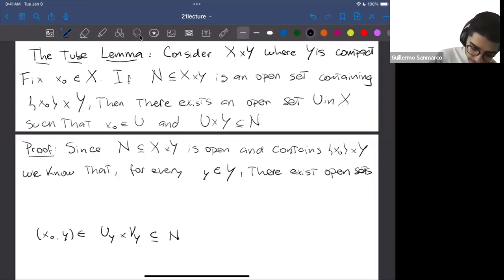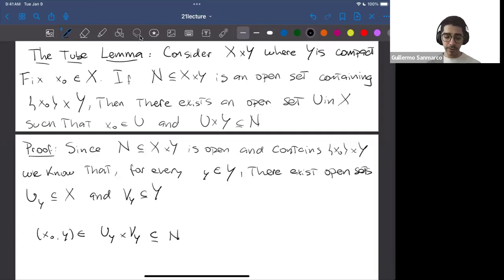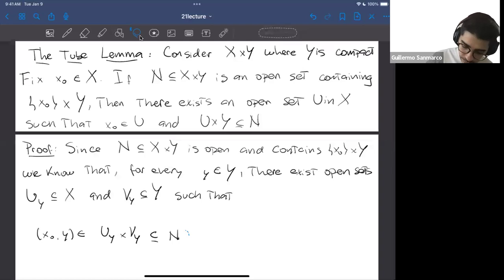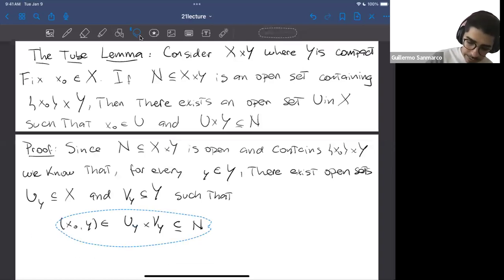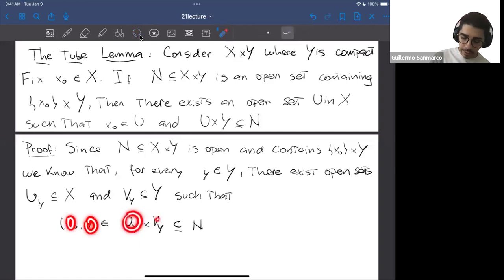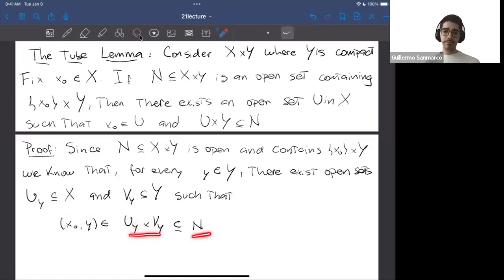By the definition of the box topology, x naught lives in U_y, y lives in B_y, and the product lives inside of N.